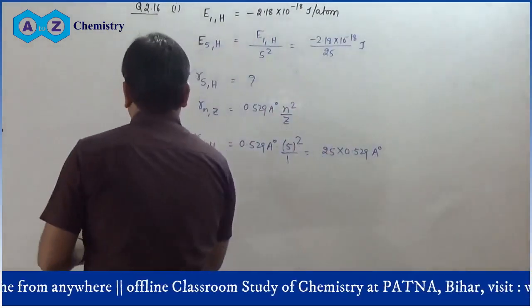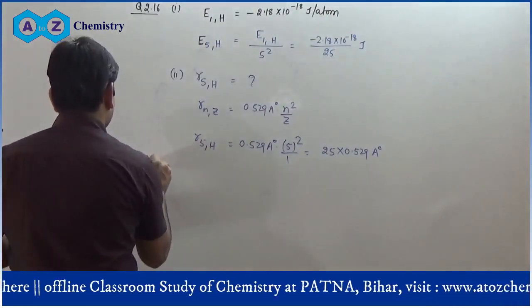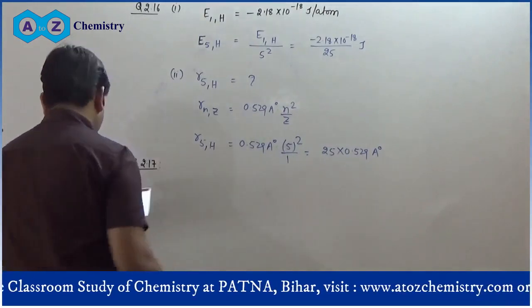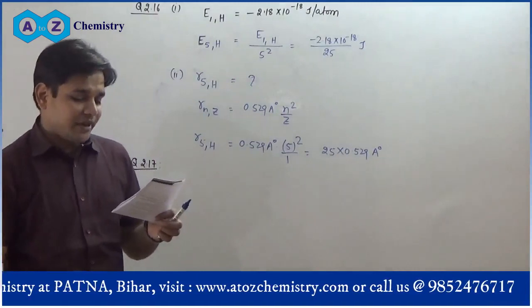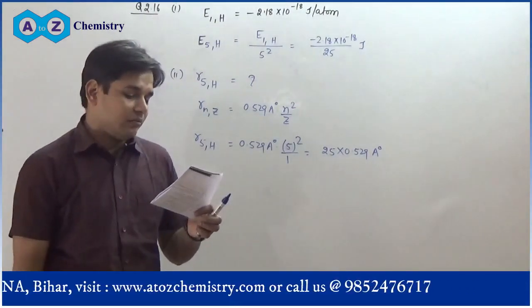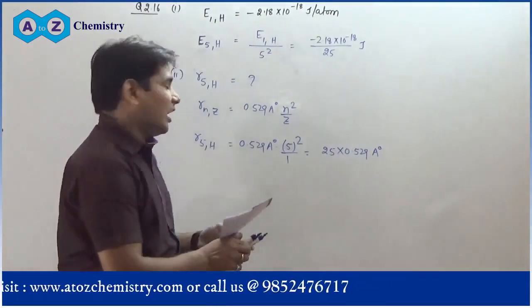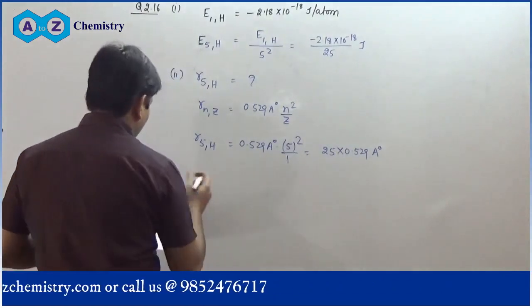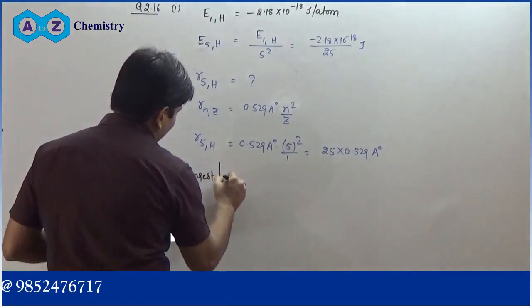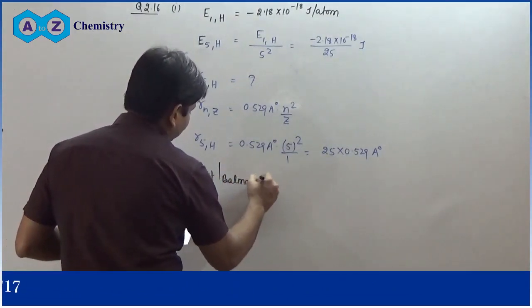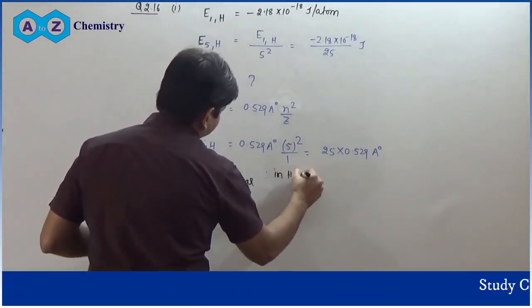Question number 2.17. Calculate the wave number for the longest wavelength transition in the Balmer series of atomic hydrogen. We have to calculate the longest wavelength of the Balmer series in hydrogen atom.